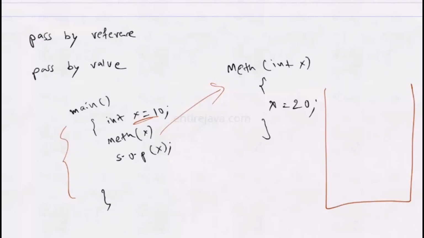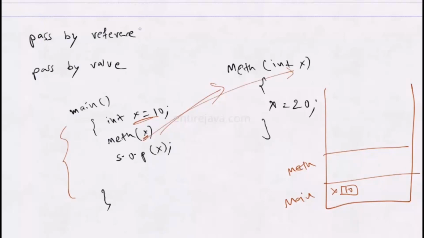We'll have a stack memory in that a block will be allocated to main. In that we'll have the value x, which is 10. When we call a method from inside the main, we're going to stack up another block for that method, and note that we're sending this parameter x.